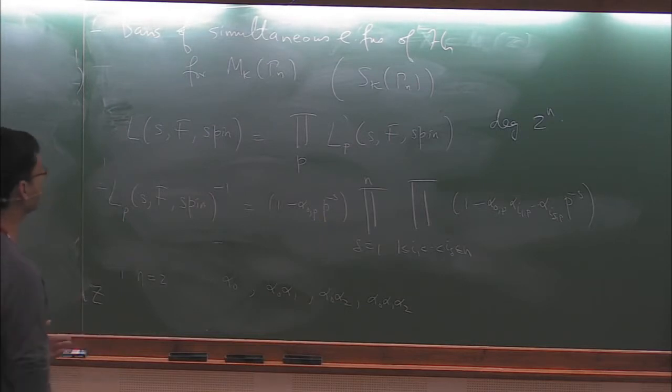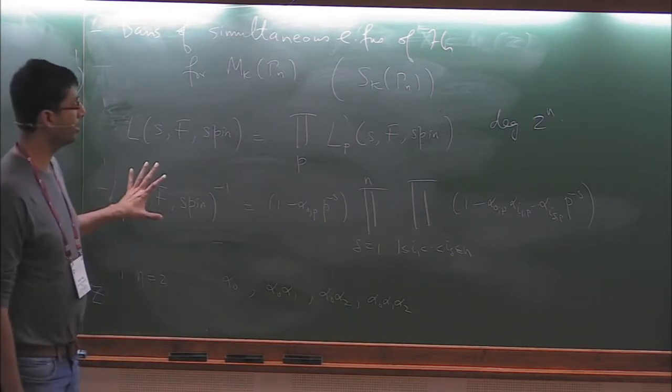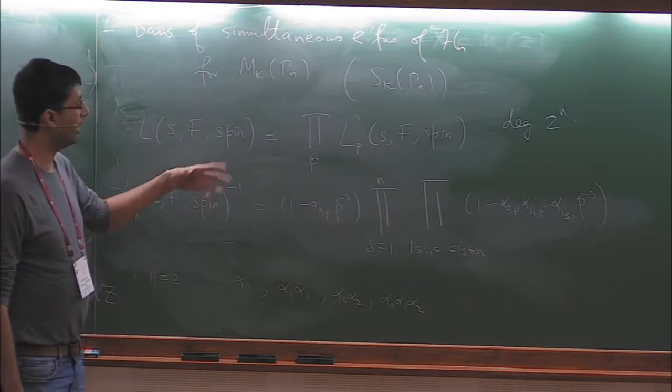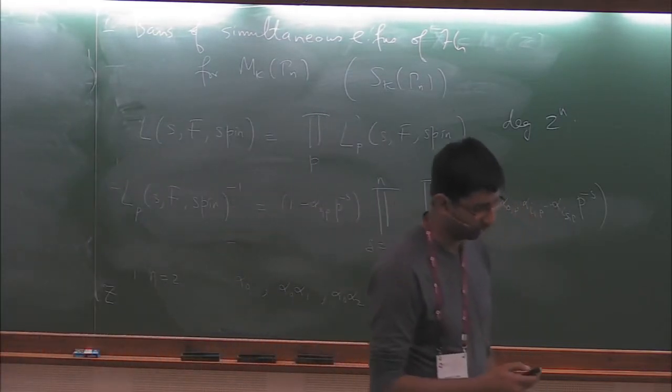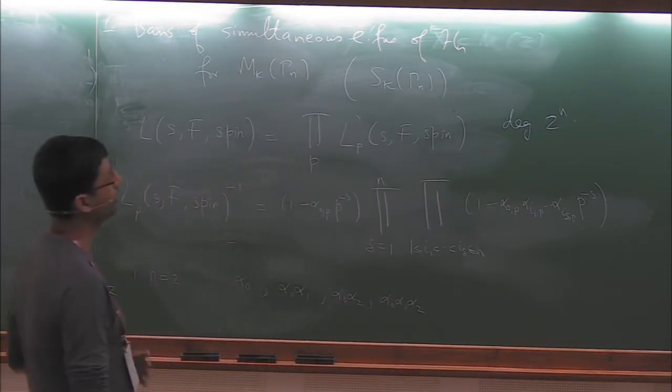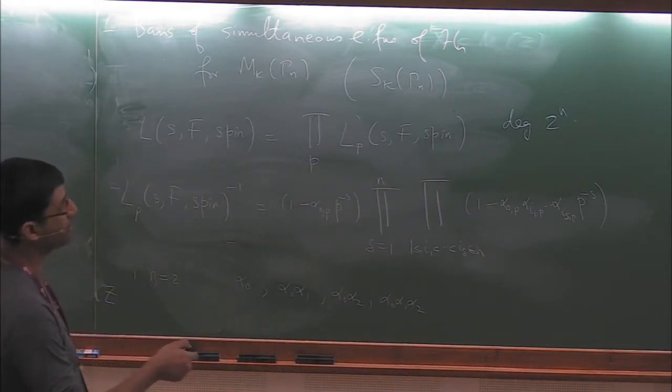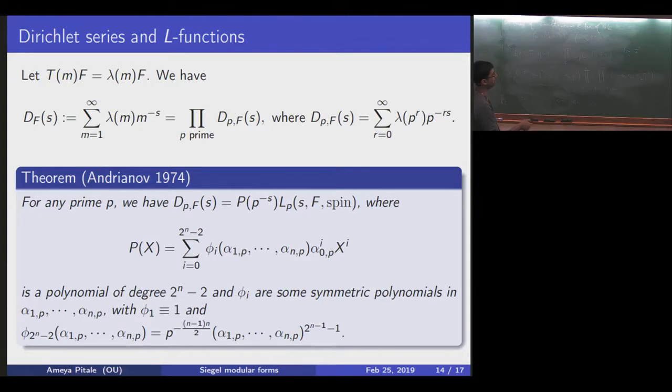And so you could ask, is there a connection between a Dirichlet series and this L function here? And there is. So if you look at the T_m's and the eigenvalues lambda_m, and you make the Dirichlet series made up of the eigenvalues, then you can show that it actually factors into a product over primes, where you have a Dirichlet series with only lambda_p to the r's.